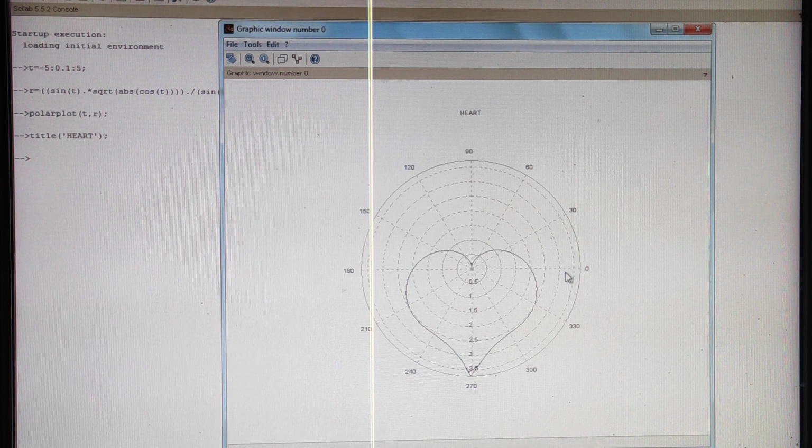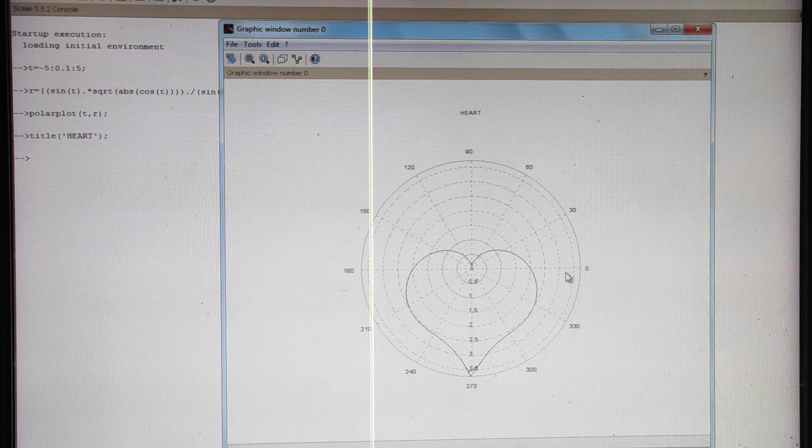Okay. So simply give the value of t and then print the equation with proper code, and then your Scilab code for polar plotting is polar plot, and that is one word. Don't give space in between polar and plot. Polar plot, TR. Now don't write RT, TR.